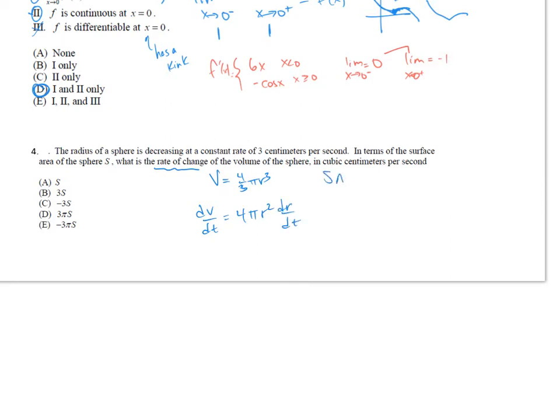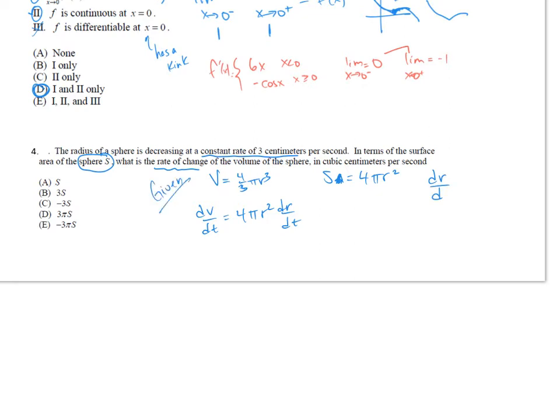I know that the surface area is equal to 4 pi r squared. And we're going to just call this S because they said the sphere's surface area is S. And in this case, they're telling me that the radius of the sphere is decreasing at a constant rate. So dr/dt, these are all my givens.